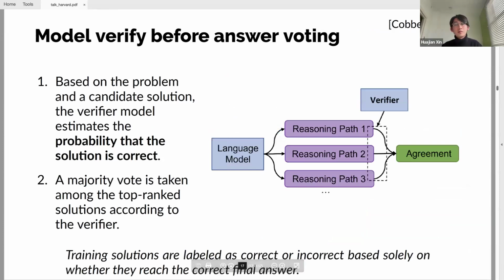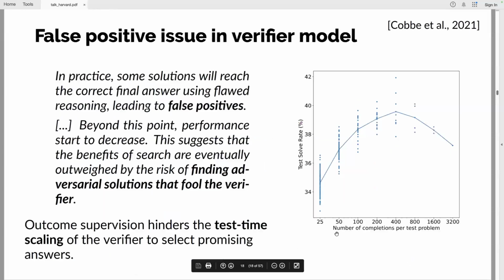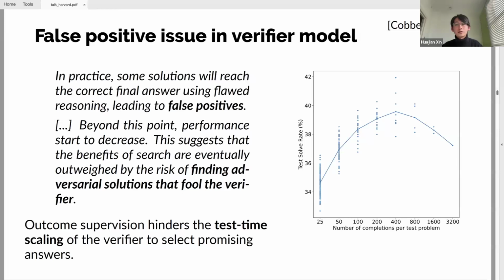Additionally, we can train a verifier model to estimate the probability that a solution is correct. And we can use majority voting among solutions ranked highest by the verifier. And one challenge in training a verifier model is the issue of false positives, where incorrect solutions might still yield the correct answer by flawed reasoning.